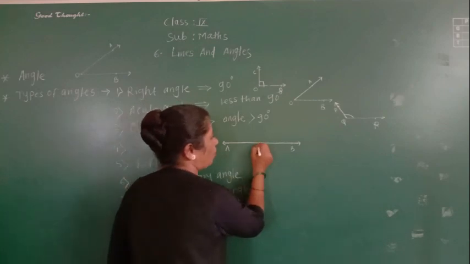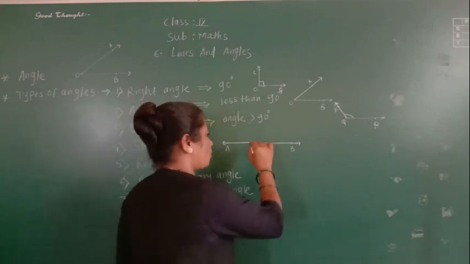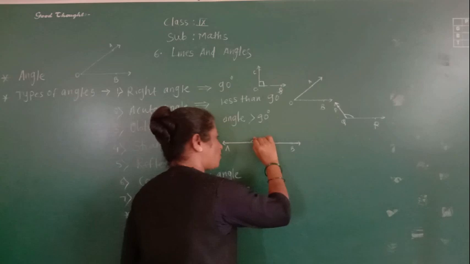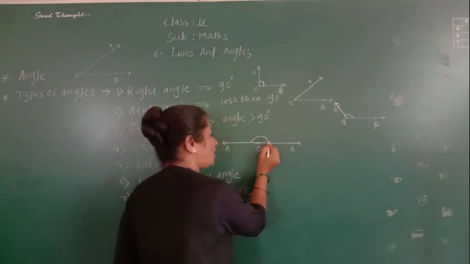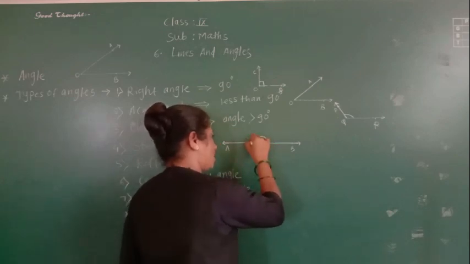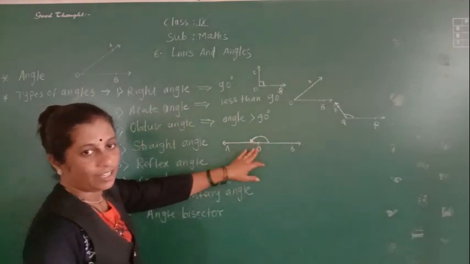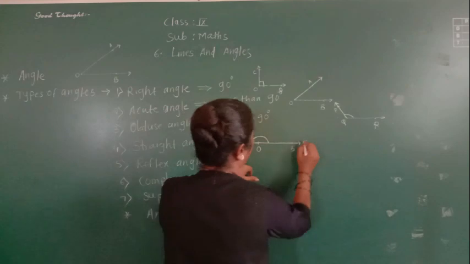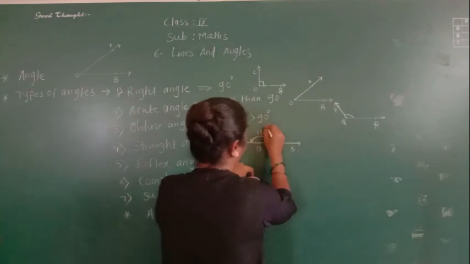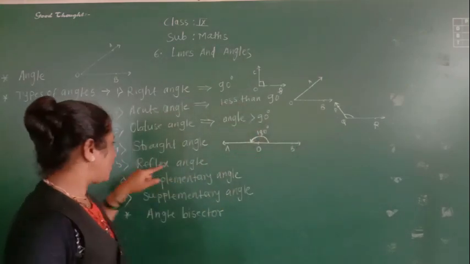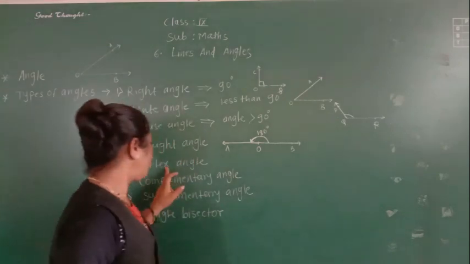They originate from the point O, so they form a straight line. So which type of angle is it? Straight angle. Understood? So the angle measurement is exactly 180 degrees. Understood?